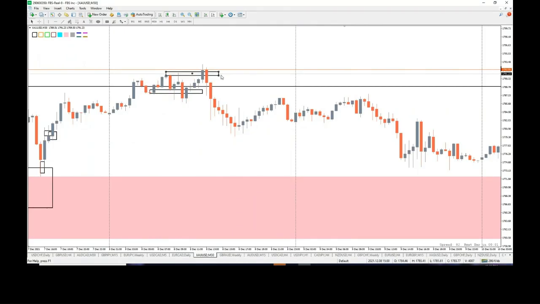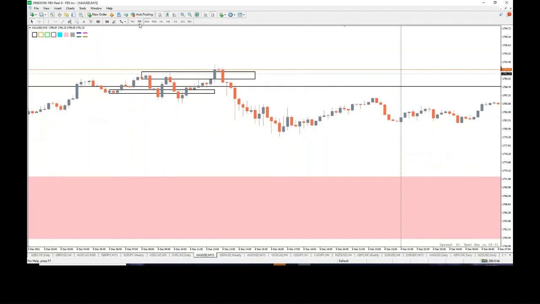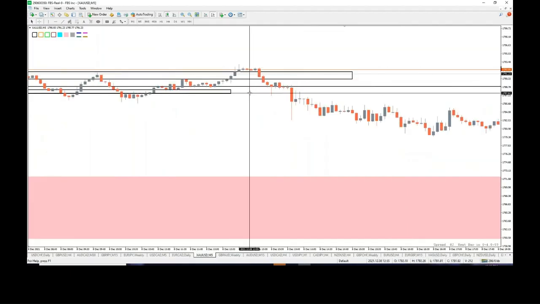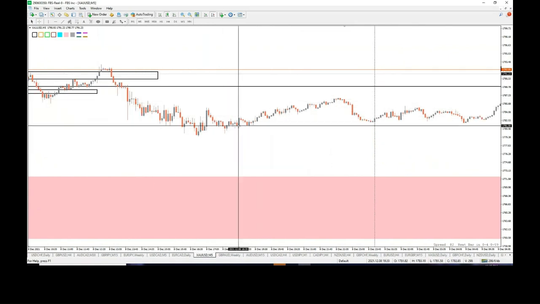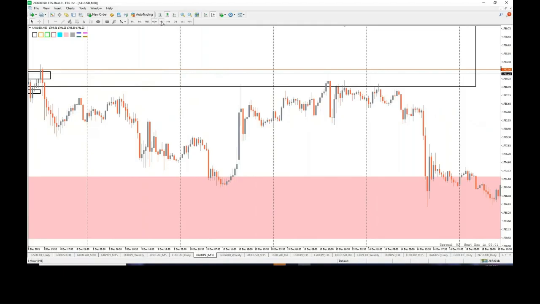If you have to cut, you have to cut in this scenario. But if you can wait for M30, M15 or M5 or lower time frame to make an engulfing sell or breakout, you can continue your position.